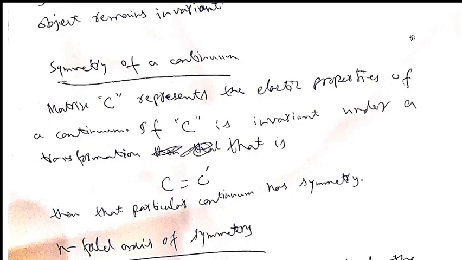K is basically the elastic constant, the spring constant. In previous classes you said that it is the spring constant. Here we have 81 components of the elasticity tensor, which represents the properties of elastic material. In general we have 21 independent components. They represent the properties of a continuum.